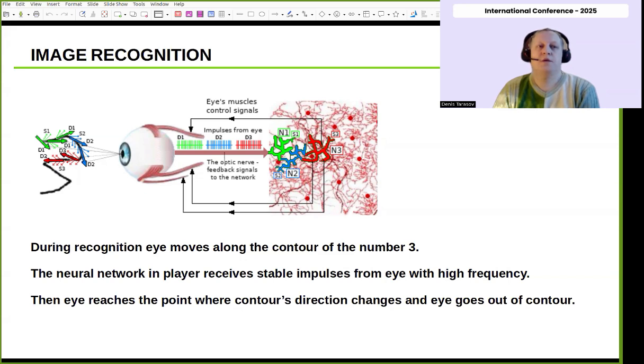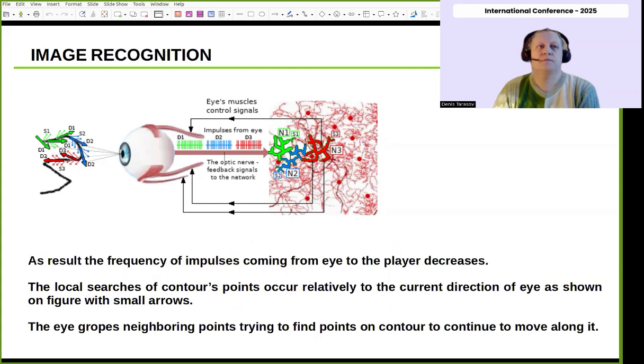Then the eye reaches the point where the contour's direction changes and the eye goes out of the contour. As a result, the frequency of impulses coming from the eye to the player decreases. The local searches of contour points occur relative to the current direction of the eye, as shown on the figure with small errors. The eye groups neighboring points, trying to find points on the contour to continue to move along it.